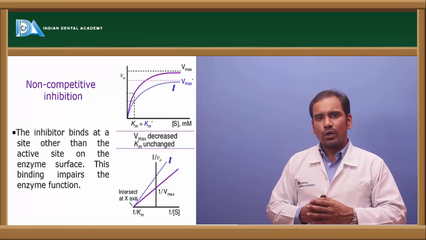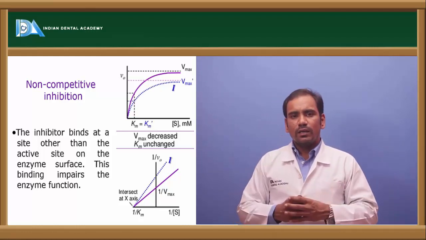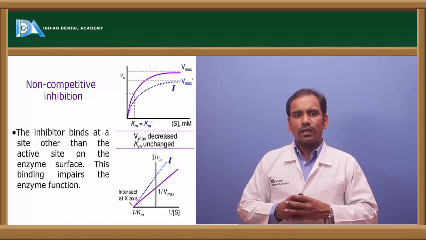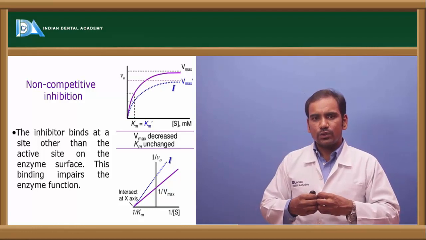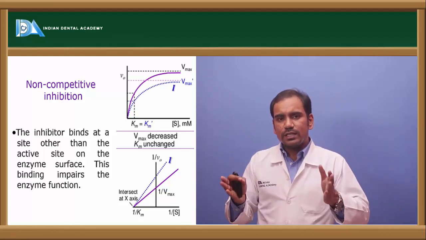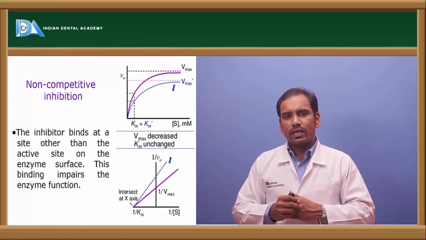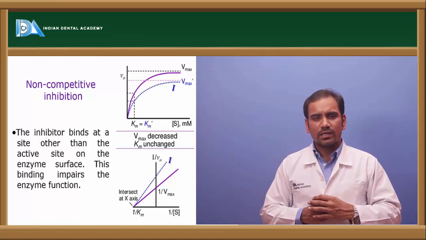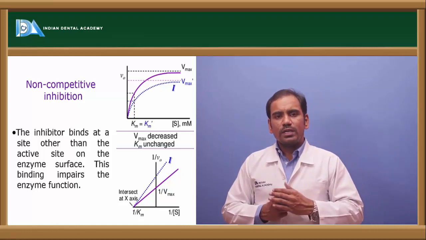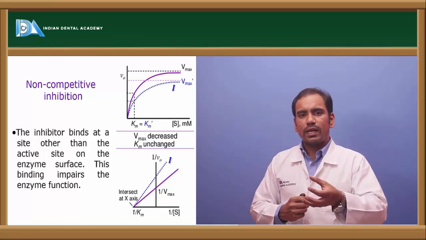But in case of non-competitive inhibition, the inhibitor is not affecting the substrate binding to the active site of the enzyme, it is not interfering with the substrate binding. So there is no change in Km, meaning it is not affecting the affinity of the enzyme towards the substrate, but there is a decrease in the velocity maximum because of the formation of ESI complex, there are non-functional enzymes.